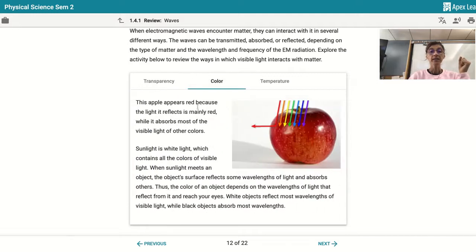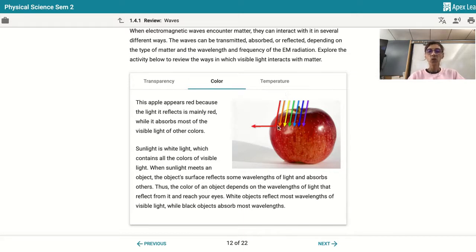Okay, now color. Color is like an apple appears red because it absorbs all the other visible light rays except red. It reflects red. So the only way that you can describe something as red is if red photons or red wavelengths of light reach your eye.